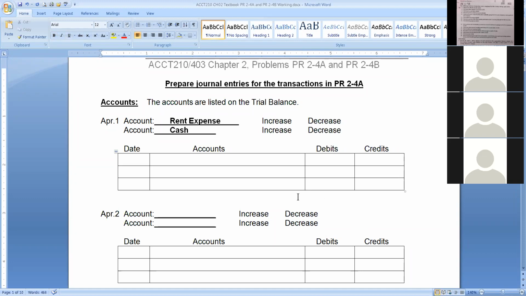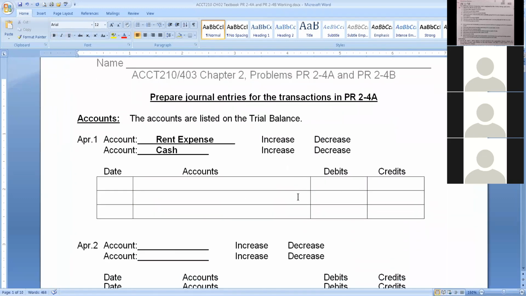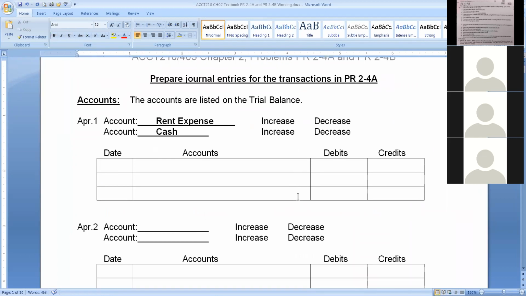Okay, rent expense. The expense, is it going up or down? What's more, 1 month's worth of rent or 2 months? Expenses are always going up throughout the year. It's increasing. Yep. And eventually at the end of the year, we'll have, in our rent expense, 12 months' worth of rent, right?